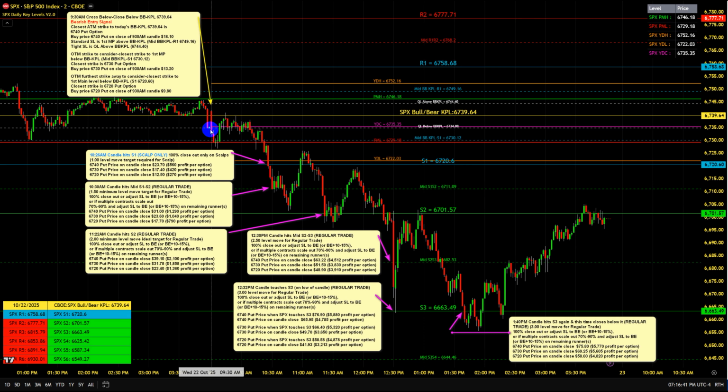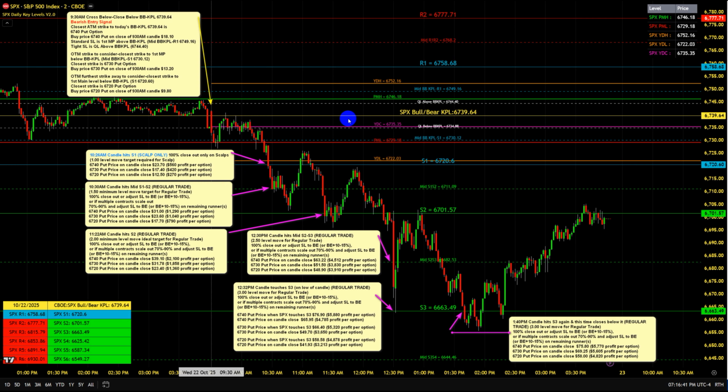Now, there are some instances on opening 9:30 a.m. candles where you would not want to take the opening trade. Those instances would be where the opening candle opens above, stays above, and closes way above the R1 level, or opens below, stays contained below, and then closes way below the S1 level.